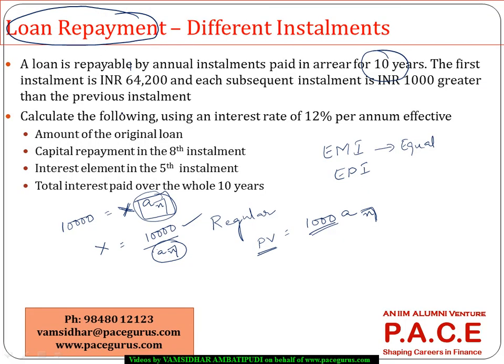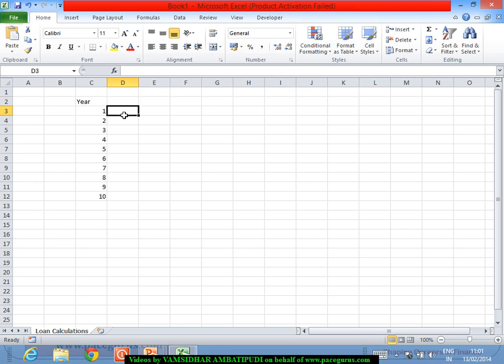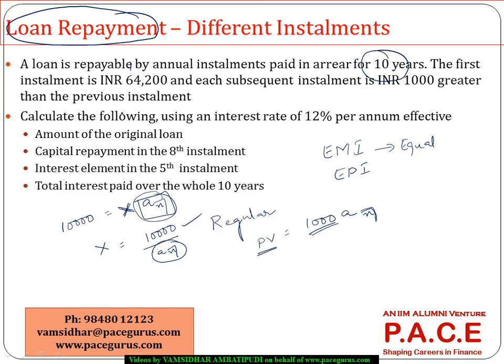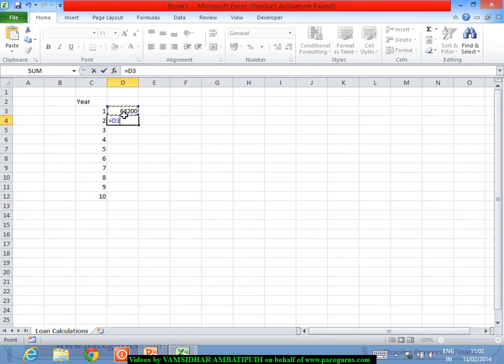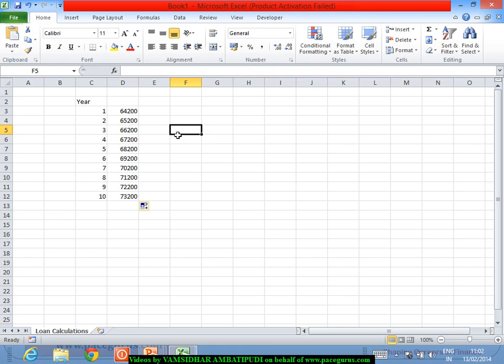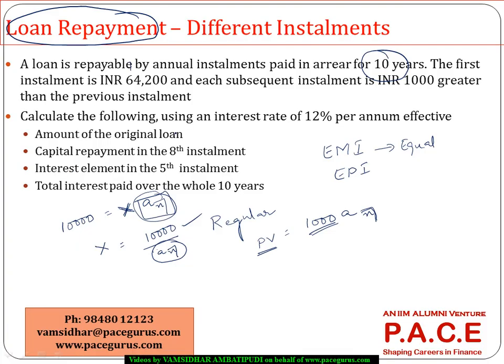The first installment is 64,200, and each subsequent installment is 1000 rupees greater than the previous installment. So this plus 1000: every year my installment is growing by 1000 and becoming 73,200 in the final year.